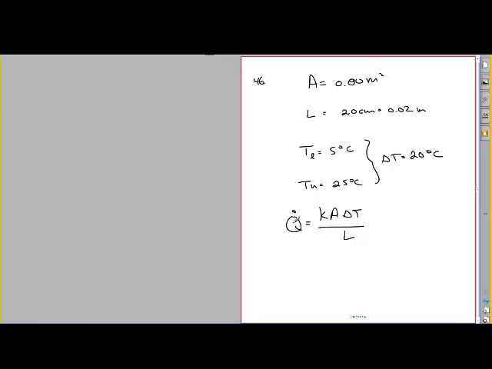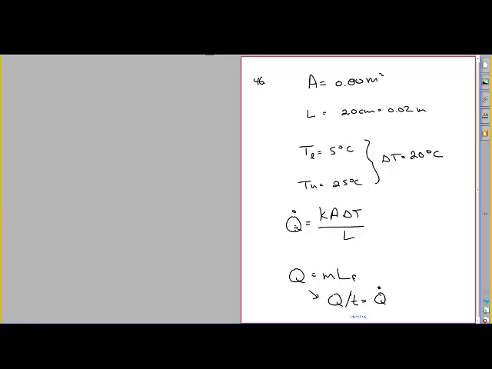But if we figure out how much energy it takes to melt the ice, that's just going to be m, the mass, times the latent heat of fusion of water. That'll give us Q. And then if we take that Q that we get from here and divide by t, we get Q dot.